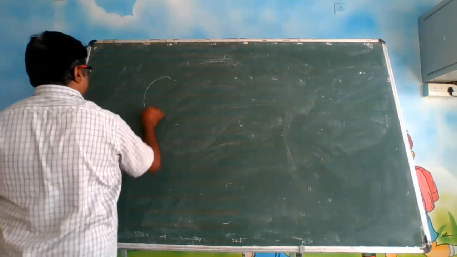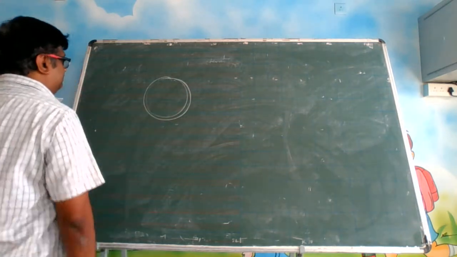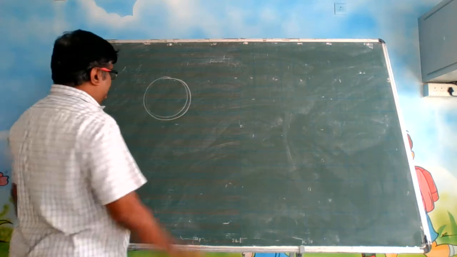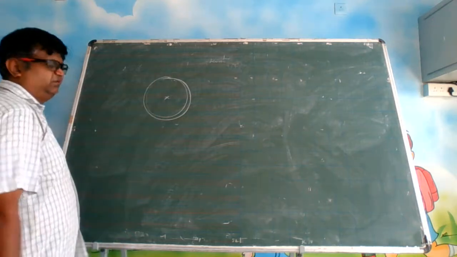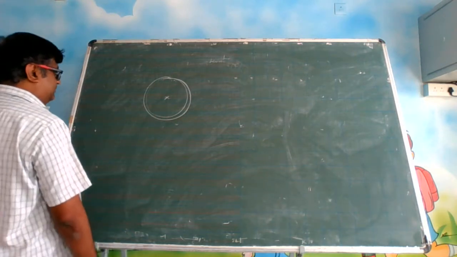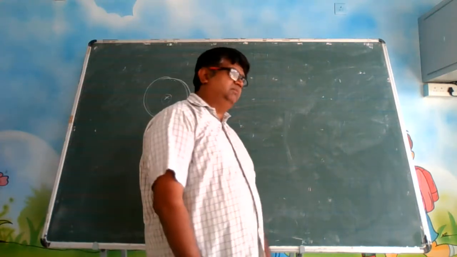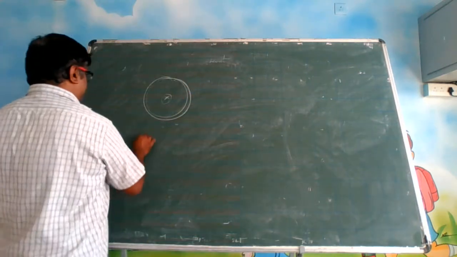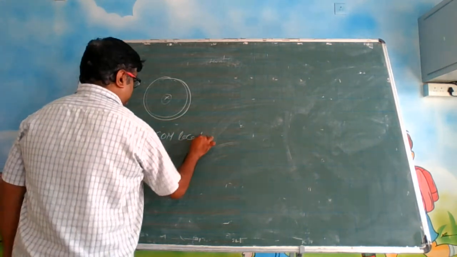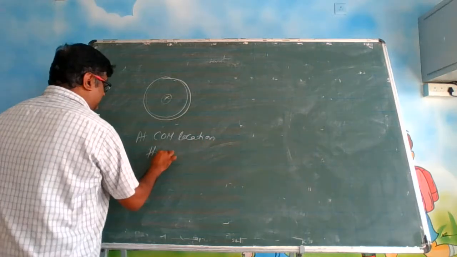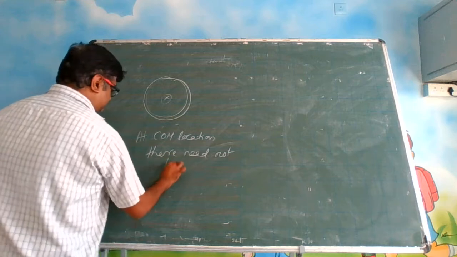And suppose you take a ring. Okay, you take a ring. Inside everything hollow. Where is the center of mass? It is in the center. Is it in the object? Is it in that element? No. Sometimes at the COM location there need not be any mass.